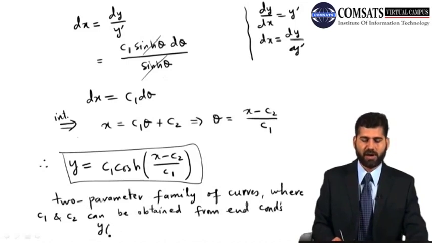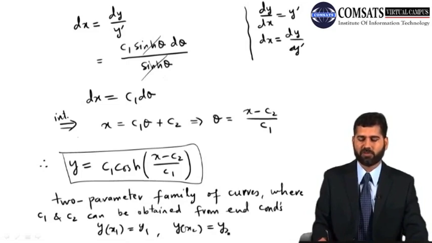What were those? y at x1 is equal to y1 and y at x2 is equal to y2. If you impose these 2 conditions, c1 and c2 can be determined, and that will be it.